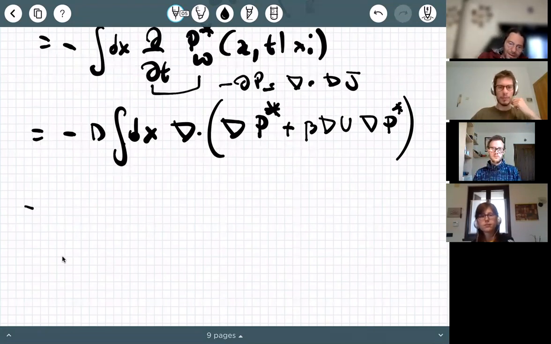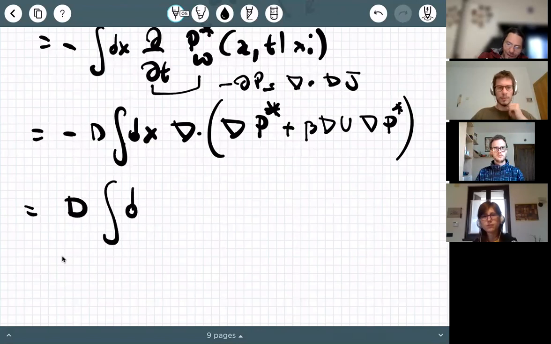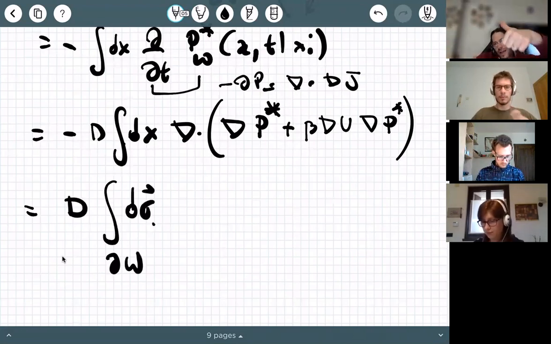So I relate this to the integral over the flux of the current through the surface. This is the elementary oriented element on the surface. Remember Gauss theorem.